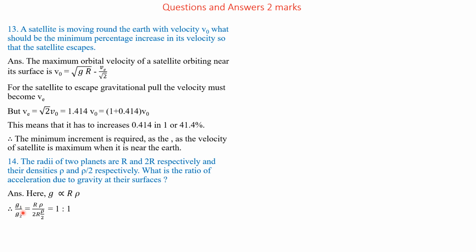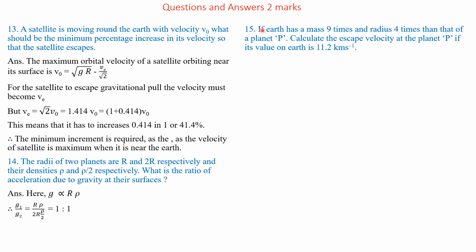Therefore, g1 by g2 is equal to r into rho divided by 2r into rho by 2, because for the second planet, the radius is 2r and density is rho by 2. So, simplifying, the ratio is 1:1. Question number 15.